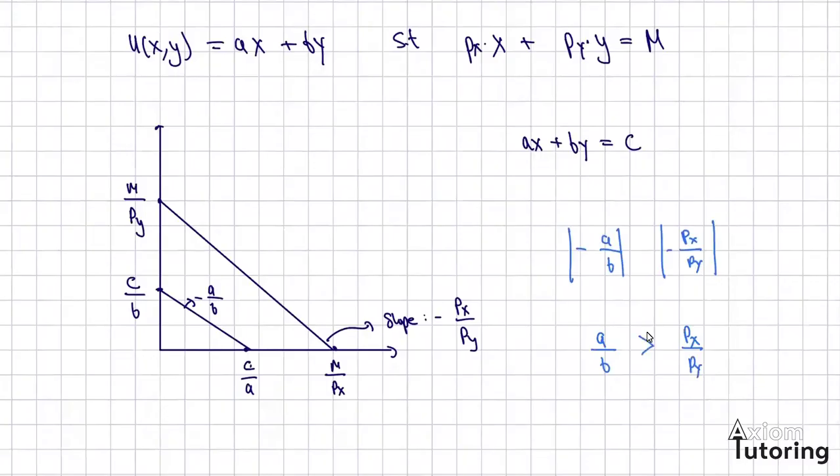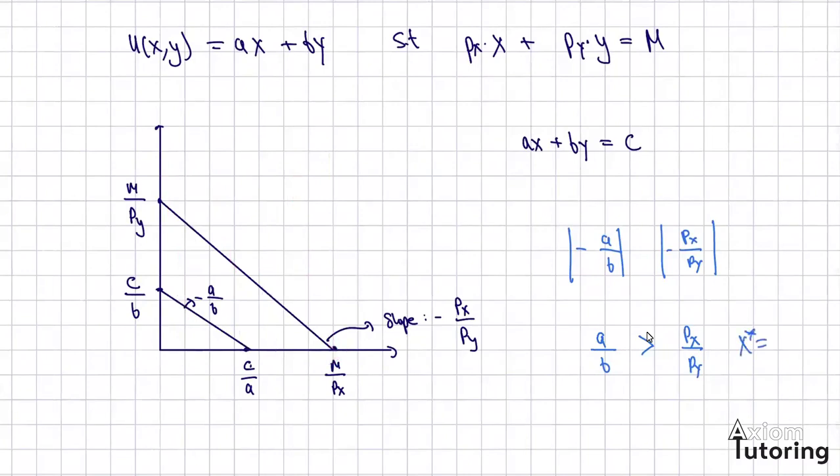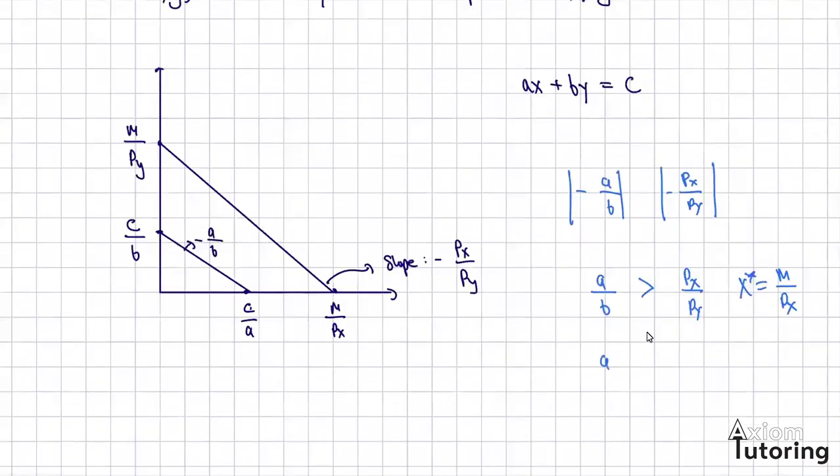If the indifference curve is steeper, the corner solution is going to be where I consume only x, so my x star is going to be M over Px. If it's the other way around, if the budget constraint is the steeper one, so the indifference curve is flatter, then you're only going to consume y, and your y star is M over Py.